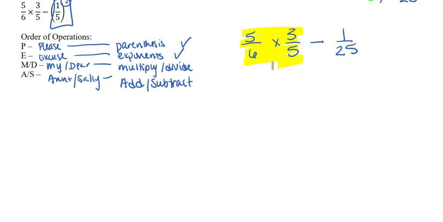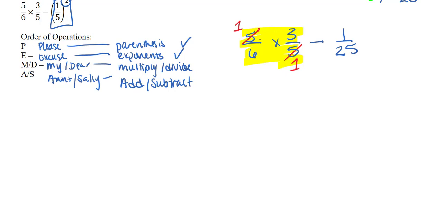When we look at this, we notice that we have a 5 and a 5. So let's take care of that. That can become 1, and that can become 1, because 5 over 5 is just 1. We cancel out from across.